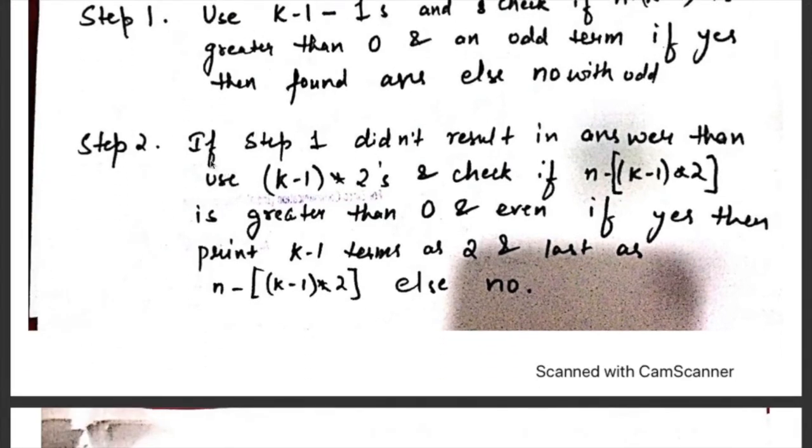In the second step, if step 1 didn't result in an answer, then we will use k minus 1 terms as 2's and check if n minus (k minus 1) times 2 is a greater number and even. If yes, then we will print k minus 1 terms as 2 and the last term as this expression, that is n minus (k minus 1) times 2, else no.